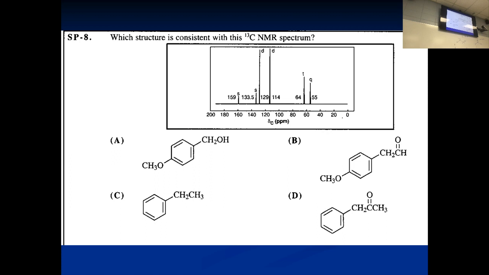All right, well, let's think about it. If I look at A, I would expect this CH3, this carbon's attached to an oxygen, to be a little closer to 100 than 0, okay? And it's got 3 hydrogens attached to it, so that carbon would be a quartet. And I see something there that's kind of that way.